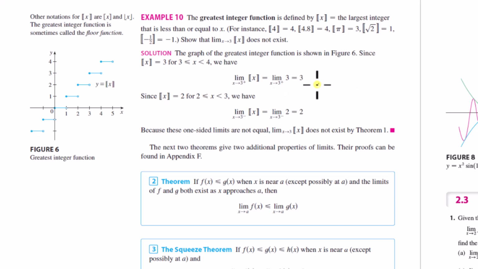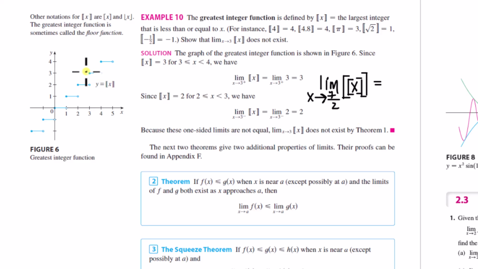Okay, but let's think about what the limit as x approaches 3.5, which would be 7/2, of the greatest integer function would be. What would this be? Well, the function is continuous at x equals 3.5, right?